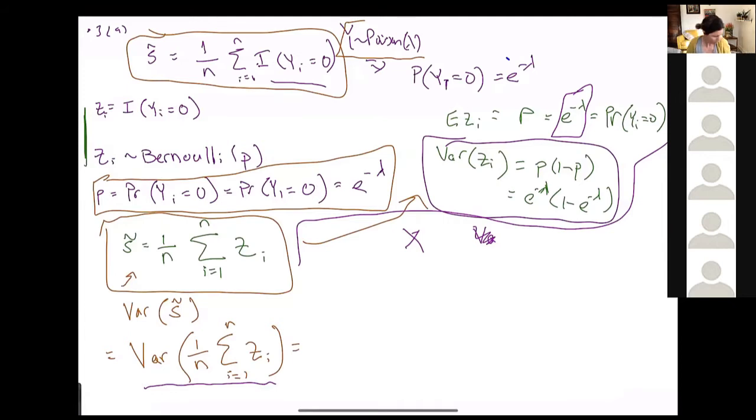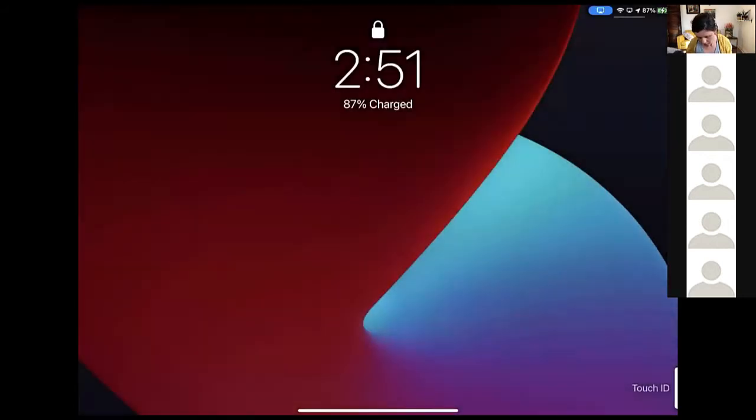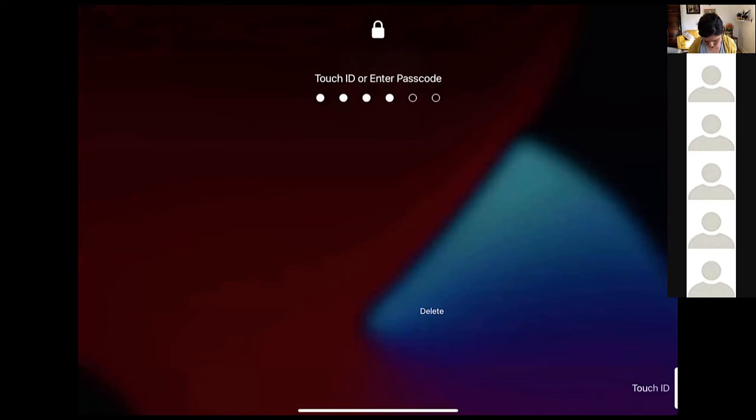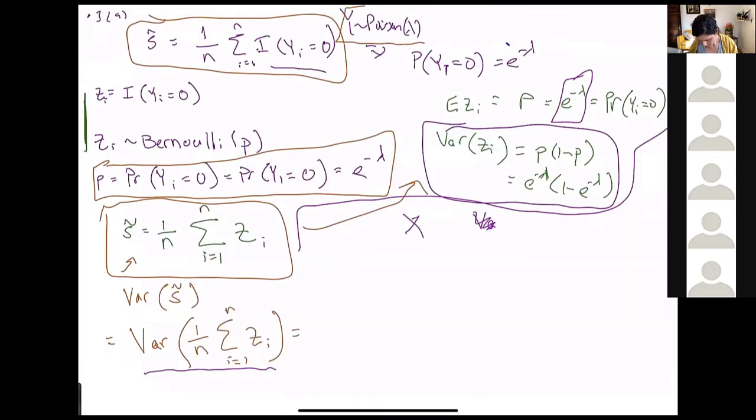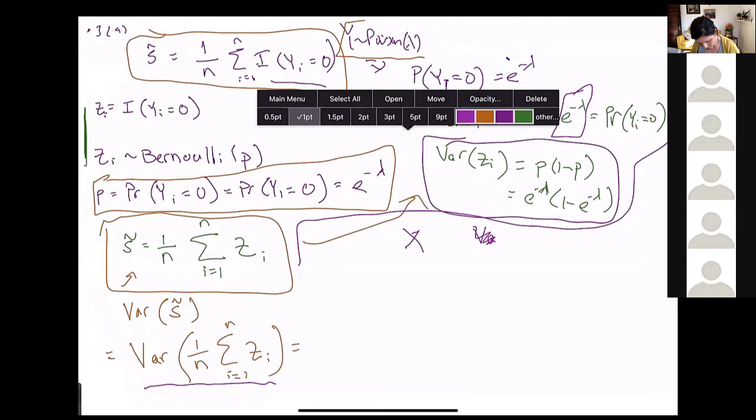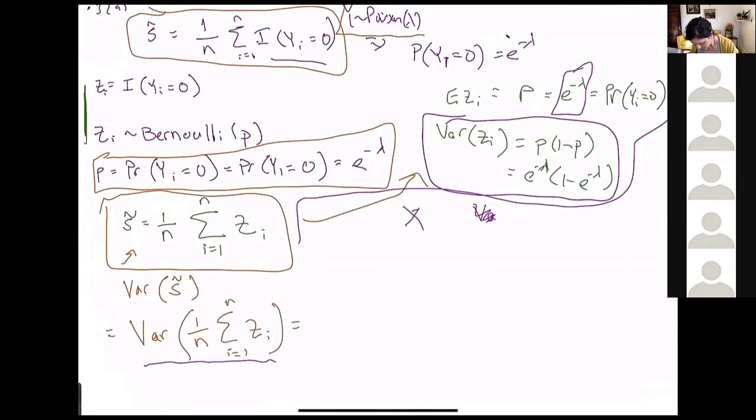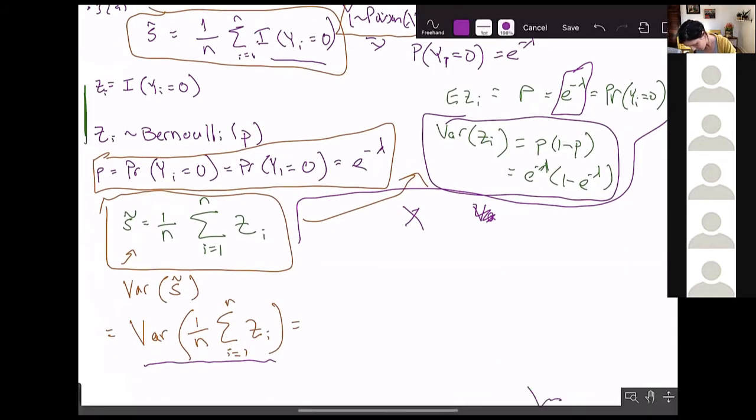So the variance of some constant c times x is just going to be c squared times the variance of x. That's just a property of variance. So then you can pull out this n term using that property.